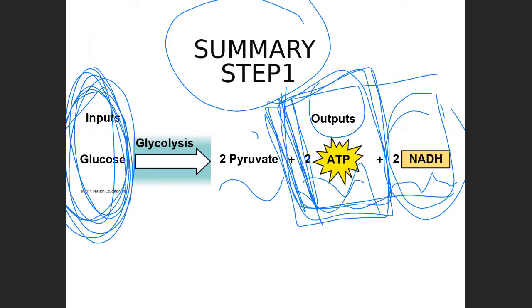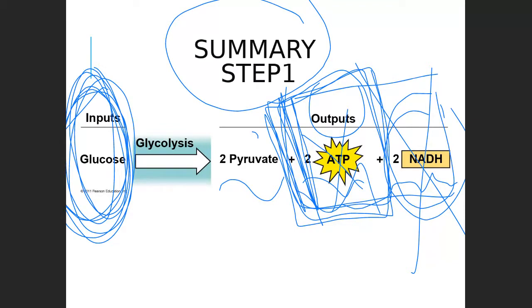I have to use it because my cell does not recognize this as currency to do the work. It recognizes ATP as currency. It doesn't recognize those electron carriers. NADH is very strong in electronic energy, but my cells are not going to recognize NADH as currency for them to do work. The currency that you know how to use is only ATP.